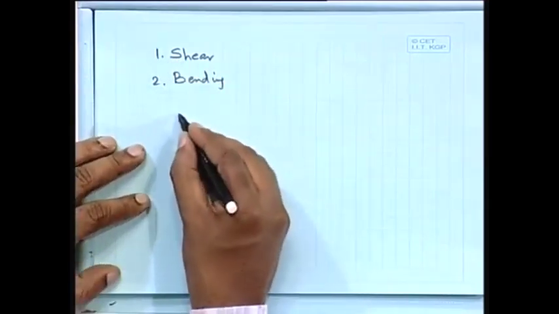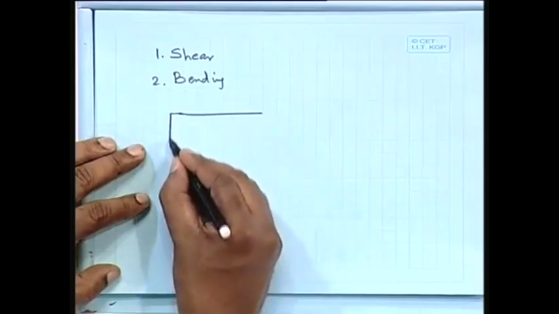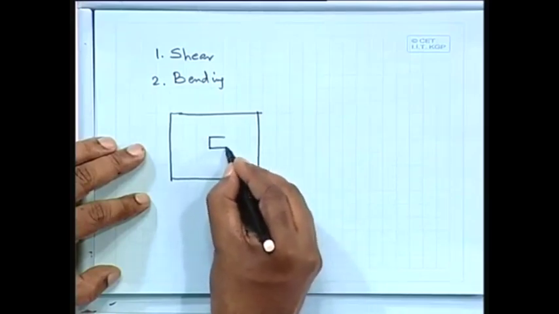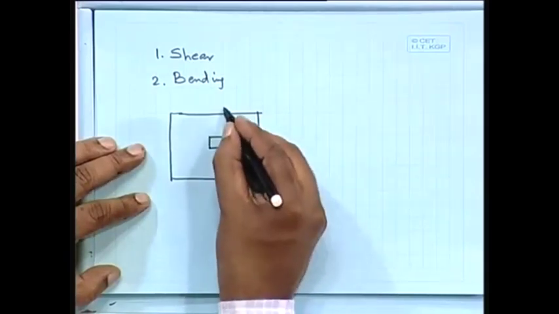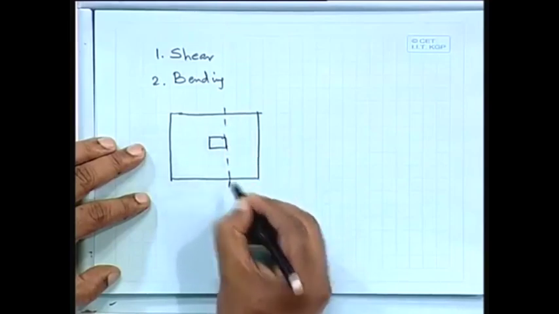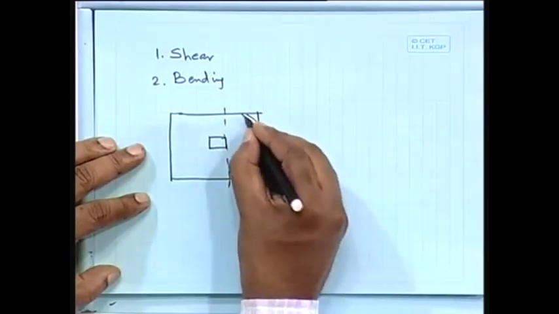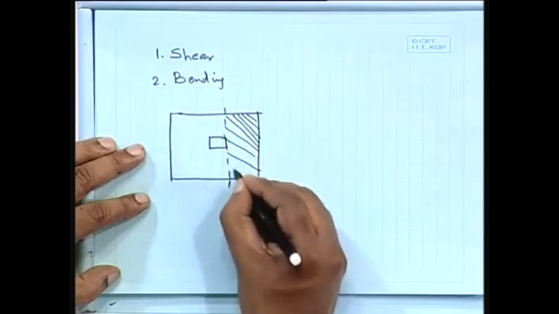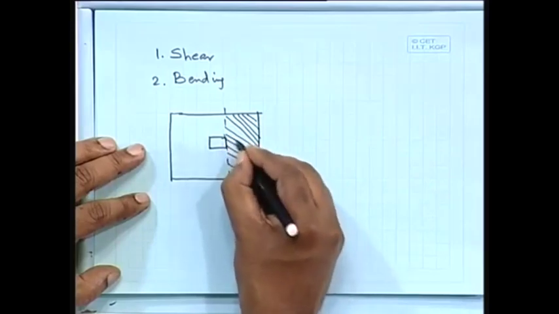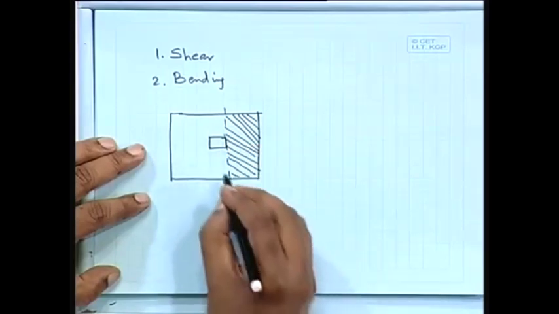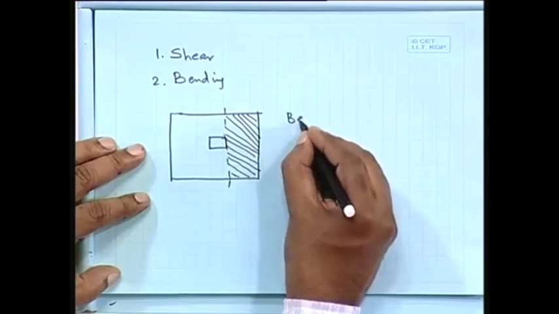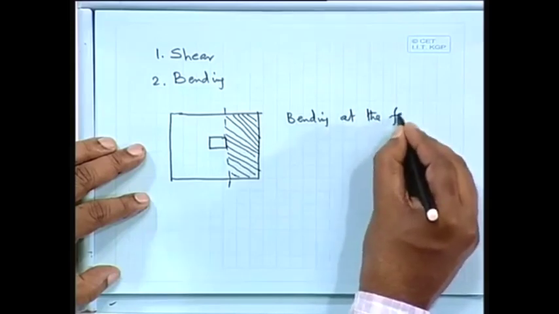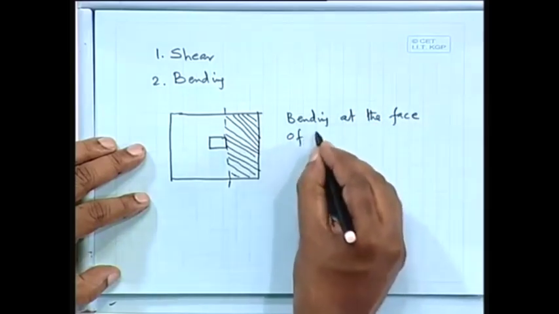The bending, say if this is the plan of the footing, the bending we consider at the face of the column.